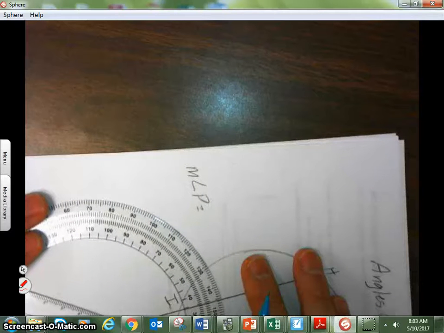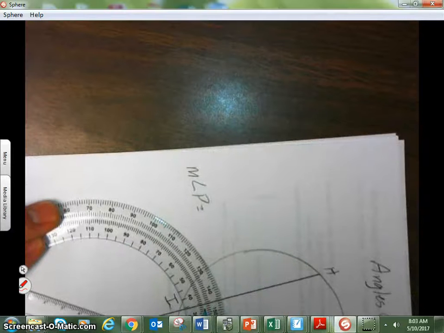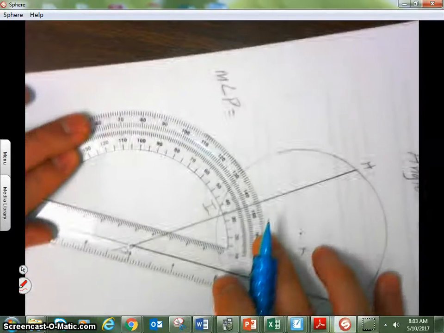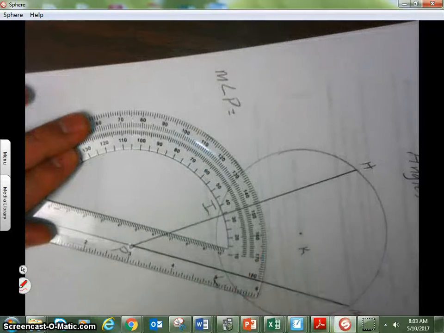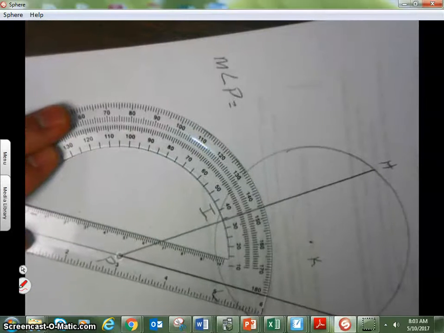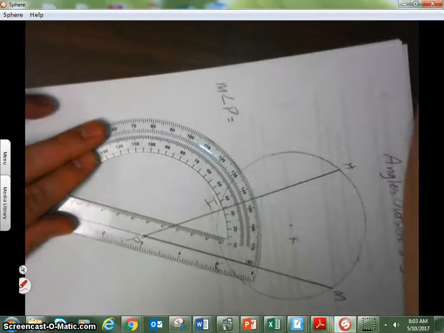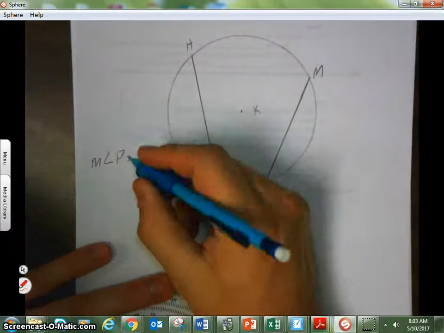And I'm getting this to be right at about, it's hard to tell, 39, 40 degrees. Oh, you can't really see it, can you? To me, that looks like right around 39 degrees. Wait, nope, I can't count. 34 degrees. So let's go ahead and call that 34 degrees.